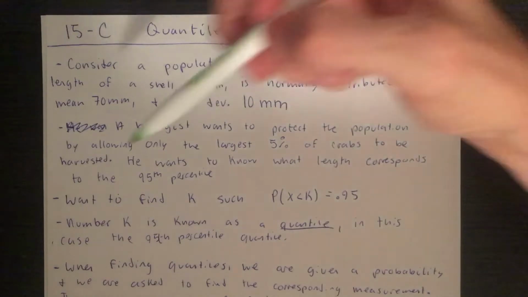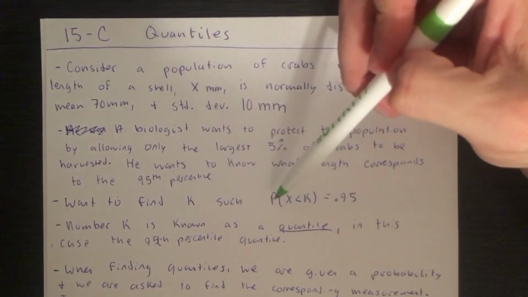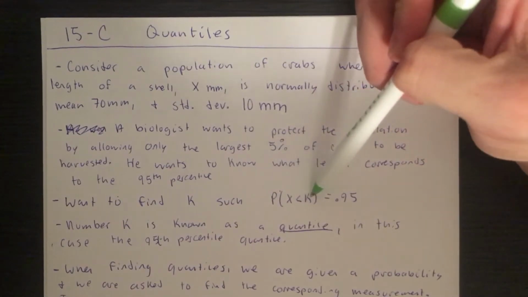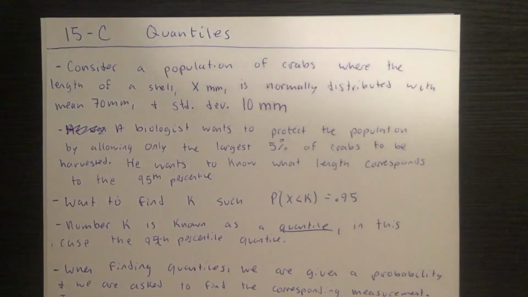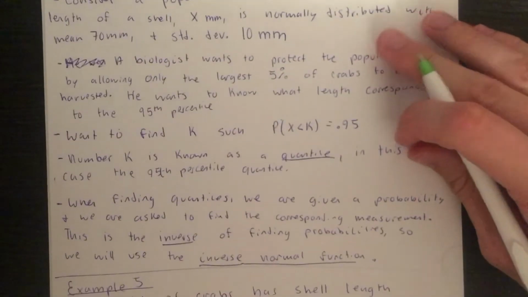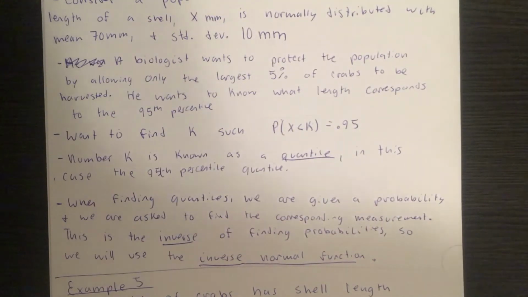We want to find K such that the proportion of observations less than K is 0.95, or 95%. This number K is called a quantile. It is the quantity we have to meet to be at a certain percentile.